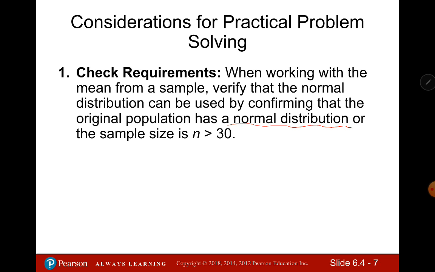But most of the time, we cannot know the distribution of the original population, so we need to check the sample size. If the sample size is greater than 30, then any population will be fine. If the original population follows a normal distribution, then any sample size will be fine to use the central limit theorem.